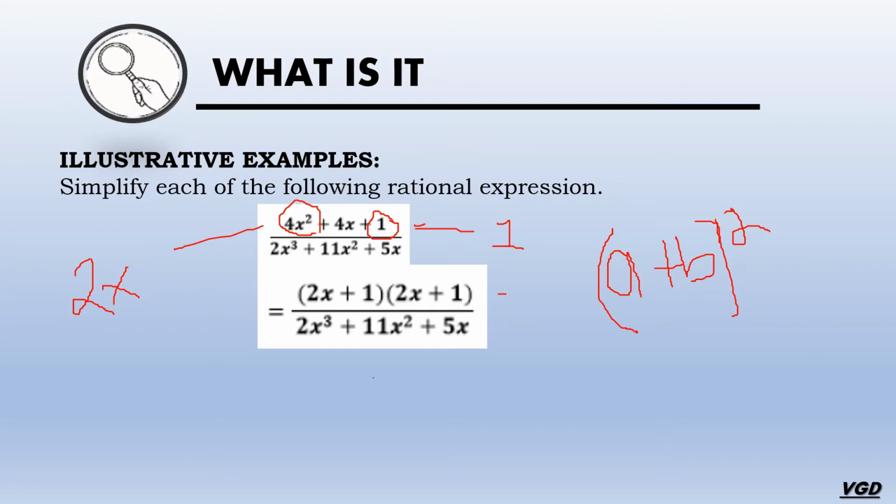All we have to do is copy 2x, then 1, and copy our operation, which is positive or addition, and make it squared following the pattern. So we have here 2x plus 1 times the quantity of 2x plus 1 as the factor of our numerator.